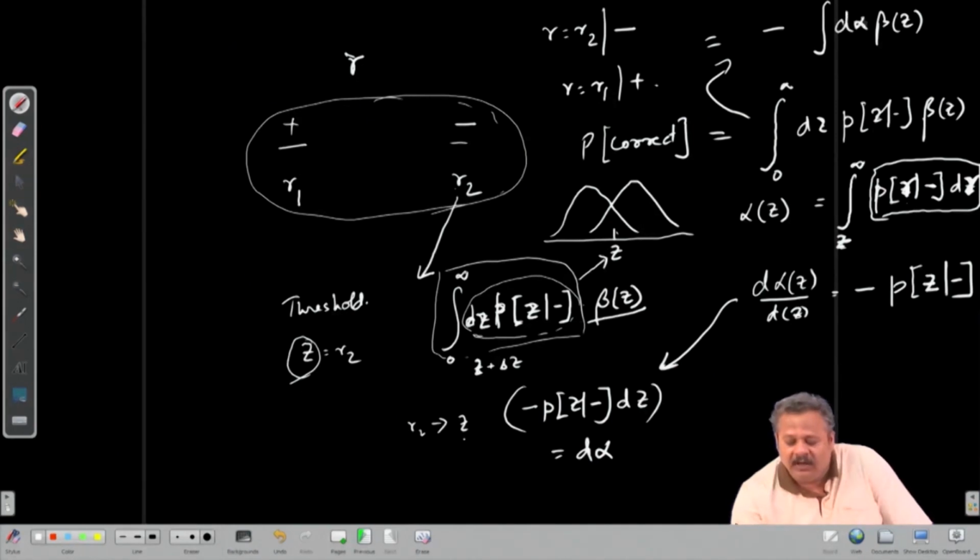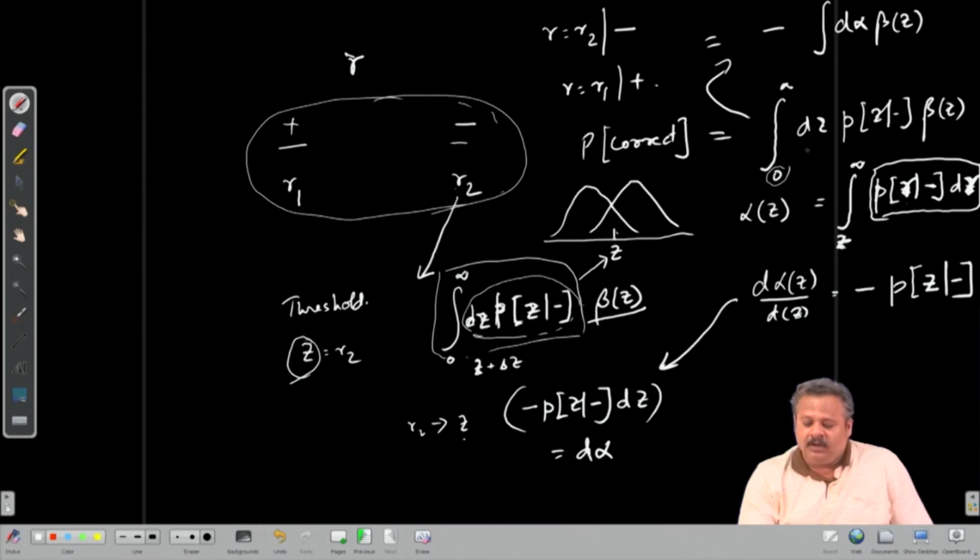So, we have d alpha here, and so for z equals 0, our alpha is 1, top right corner on the ROC, and for z equals infinity, our alpha is 0.